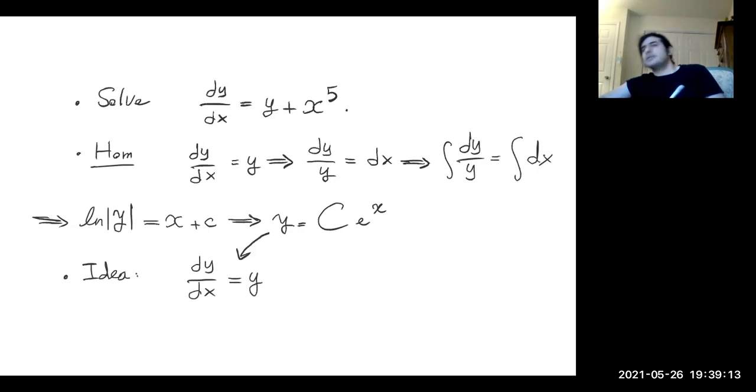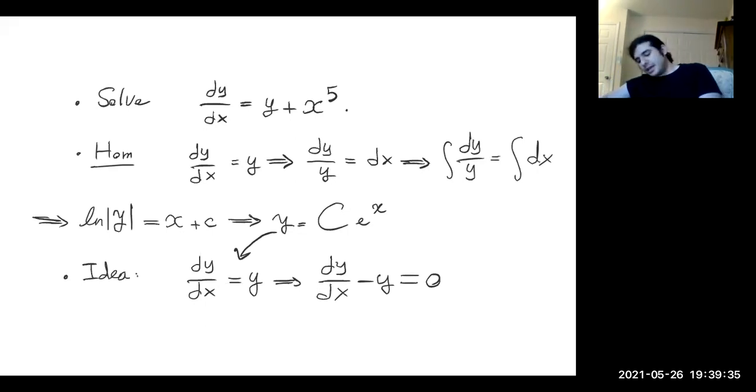It is a solution to the homogeneous part, so that's what we would get. Therefore, dy/dx minus y is equal to 0. We want it to be x to the 5. Well, actually, his solution might be correct, actually.